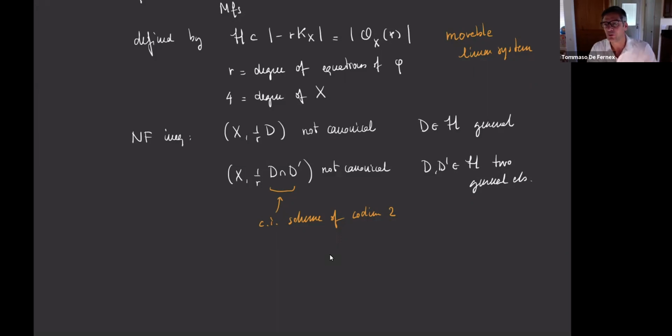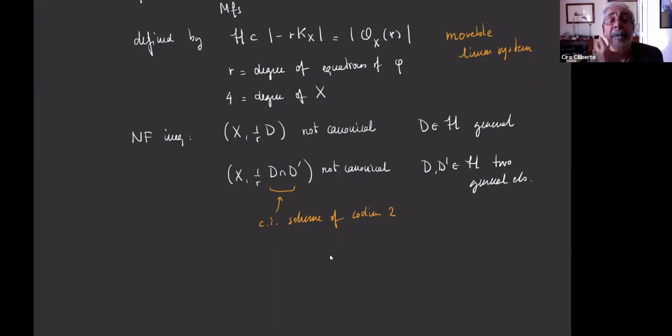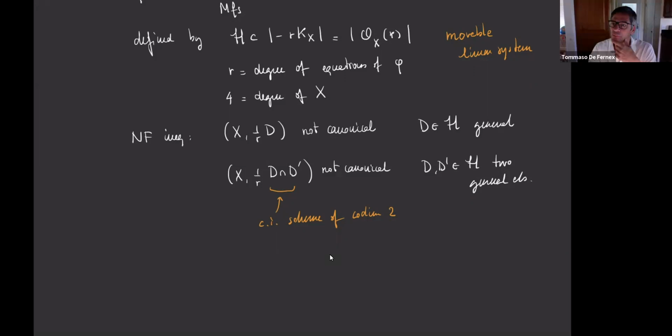So when you define singularities of pairs, in much of the literature you work with pairs where there is a variety and some Q-divisor. But in fact, you don't really need that. You can work with subschemes. And from this point of view, the proof is going to be very natural.